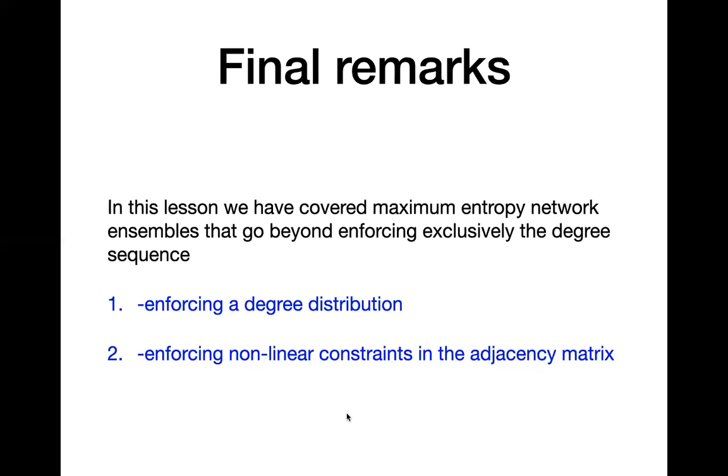And then we have seen how nonlinear constraints in the adjacency matrix can lead to, first of all, some kind of intractability of the model, but then this model can be tackled with a mean field approximation, and you can see that they display particularly new phenomena, and in particular you observe this coexistence of 2 phases, so that given a number of constraints, you can have 2 possible solutions, 2 possible scenarios of network realization.